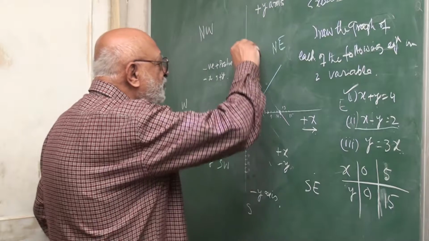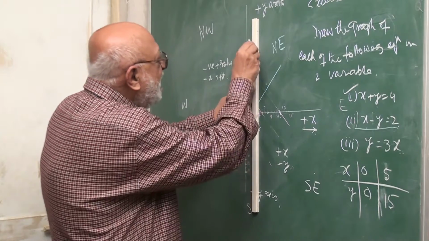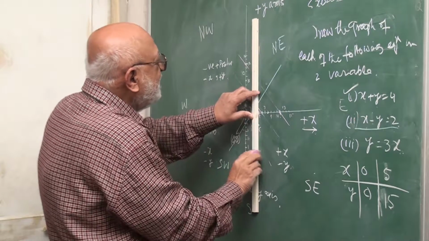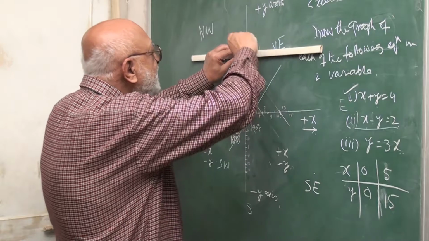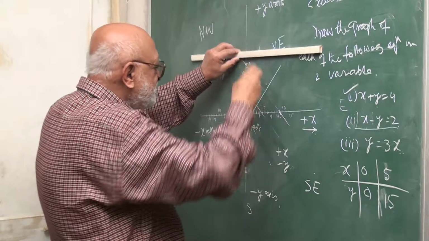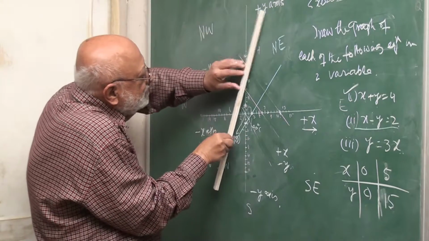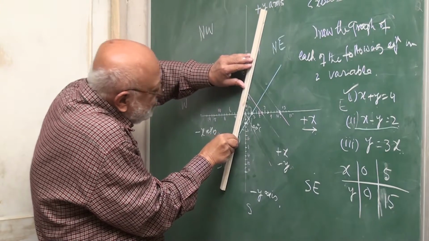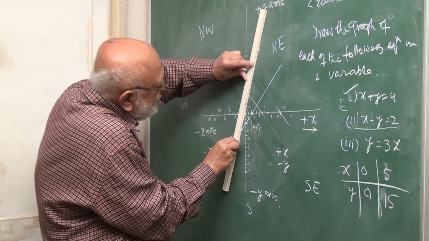I'll put it like this and go around 15 and get my point there. And so this is the point. So this graph will go through like this one. Okay?